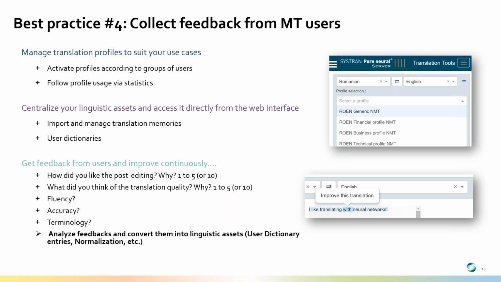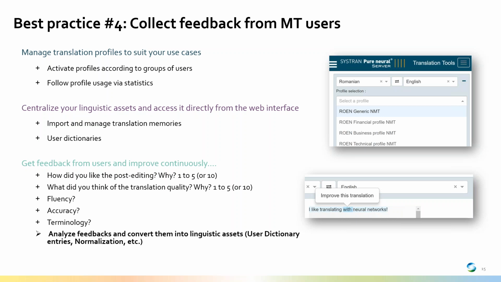When you capture feedback from your users, first, there are different ways to capture this feedback. There can be features in the tool, like the SYSTRAN Pure Neural Server feedback collection feature we see here, where the user can click on improve this translation, and a form allows the user then to give more information on what improvement is needed.